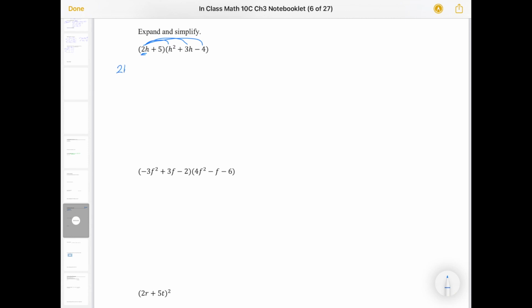So you're going to have 2h times h squared, and then I'm adding 2h times 3h, and I'm adding 2h times negative 4. Don't lose that negative sign here. It's important, of course. And now same with the 5: 5 times h squared, 5 times 3h, and 5 times negative 4.